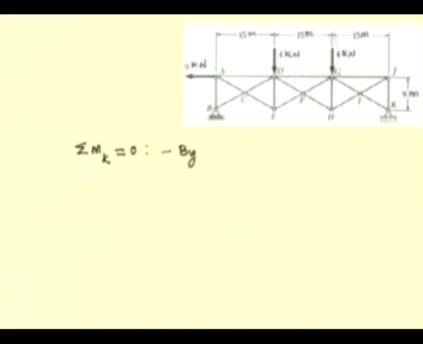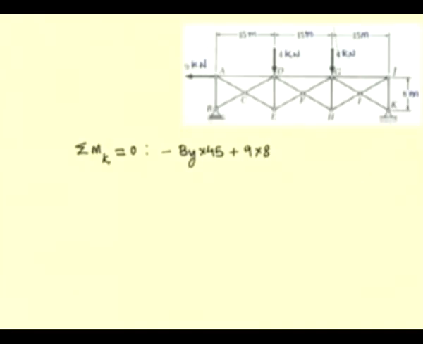By times the moment arm, which is 15 plus 15 plus 15, that is 45 meters. The moment of this 9 kilonewton force is a counterclockwise moment about K with a moment arm of 8 meters. Since this moment is counterclockwise, it is a positive moment. So, we have plus 9 into 8.